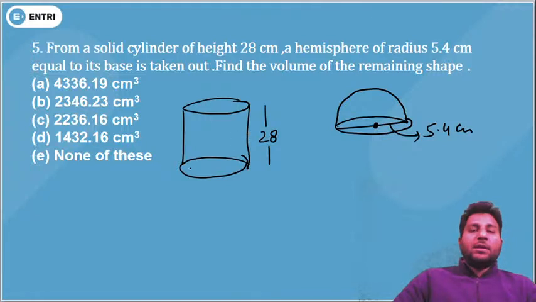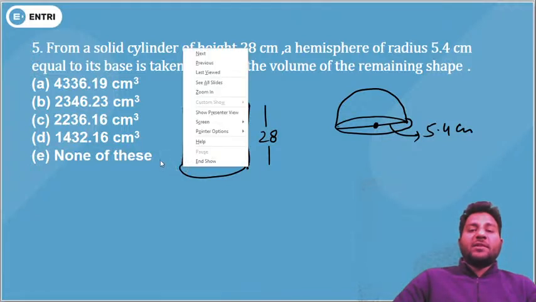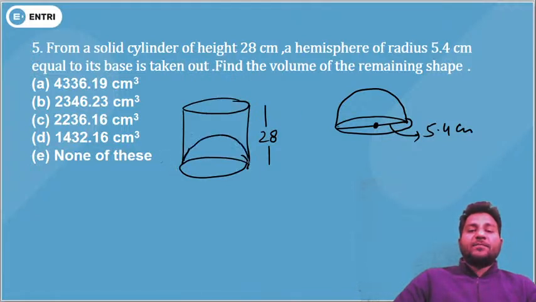Hemisphere is like this. Equal to its base, that means it was like this. A hemisphere whose base is equal to the cylinder's, which means the cylinder's radius is also 5.4. Find the volume of the remaining shape.